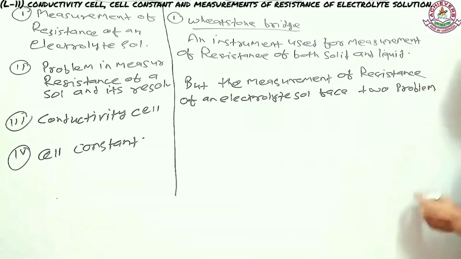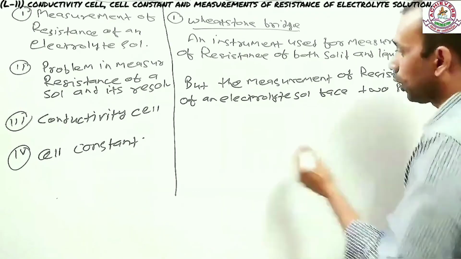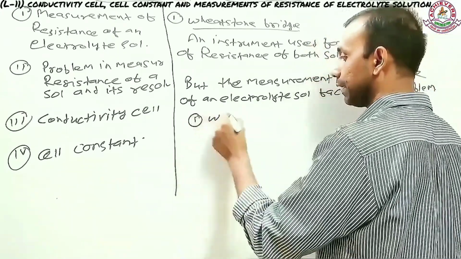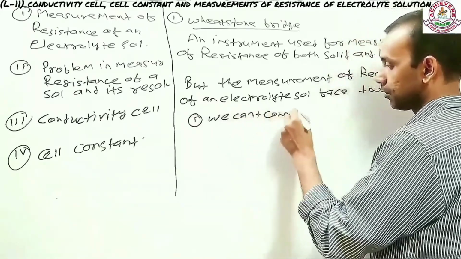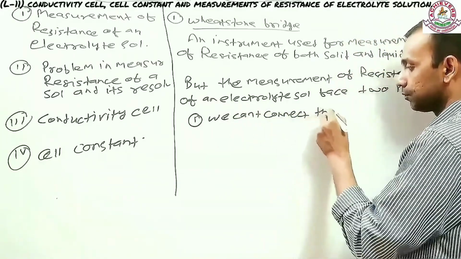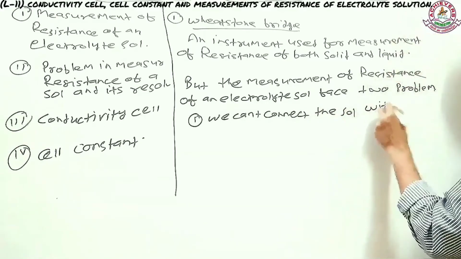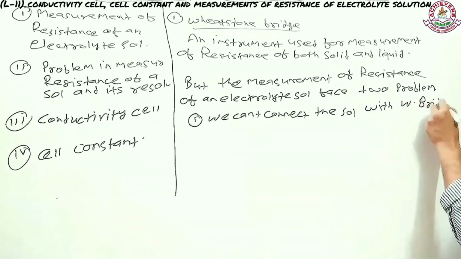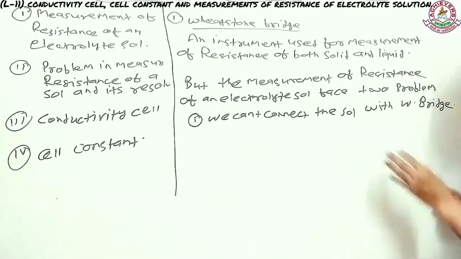To find out the resistance of an electrolyte solution, we have two problems to go through while we measure it. First, we cannot connect the solution with the Wheatstone bridge.